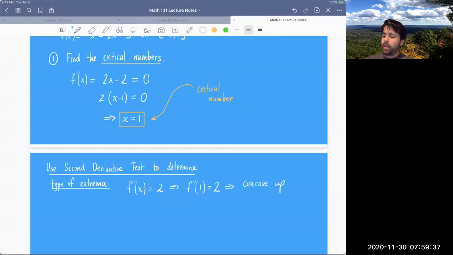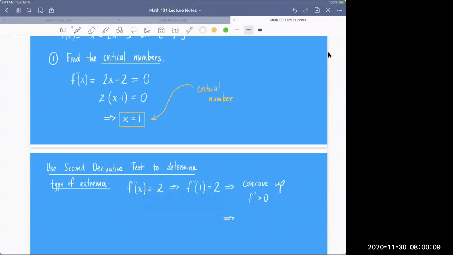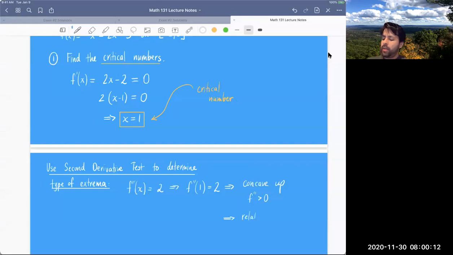Because the second derivative is positive. So if I'm concave up and I have a critical number at that point, what happens to the extrema? Is it a min or a max? If I'm concave up, am I a hill or a little valley? I'm a valley, right? So that means there's a relative minimum at x equals 1.